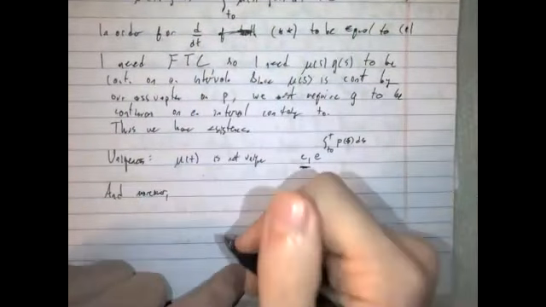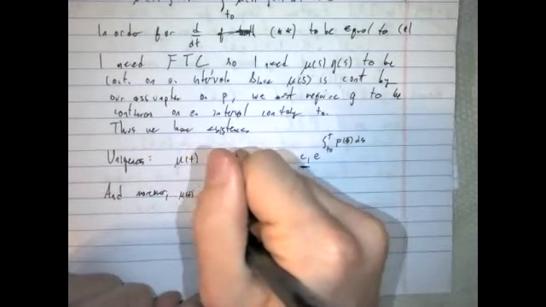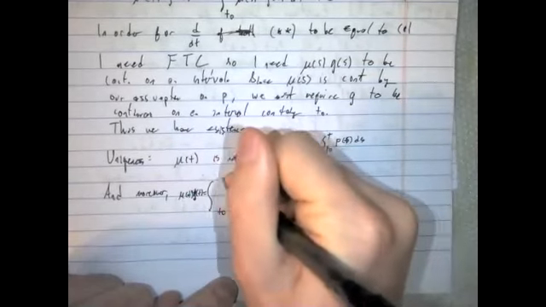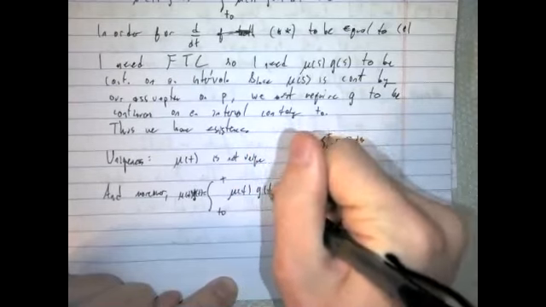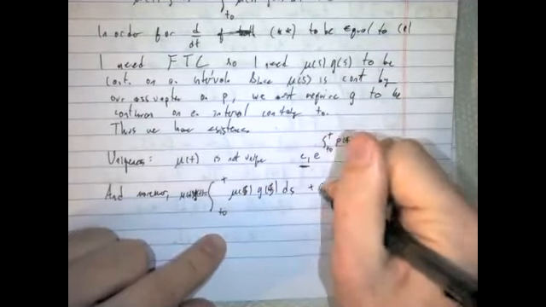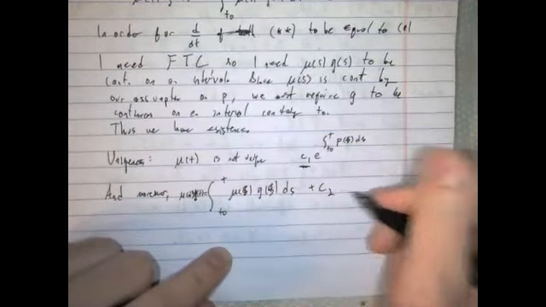And moreover, this function over here is not unique because I have some second constant. y of t being equal to the integral from t0 up to t of mu of s, g of s, ds, plus c, c2.